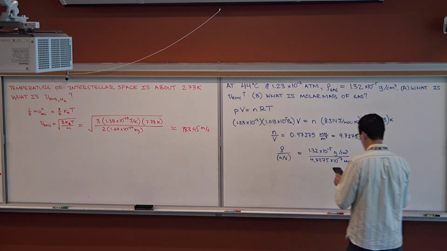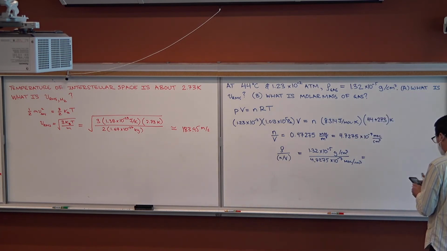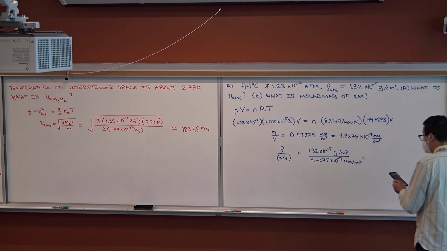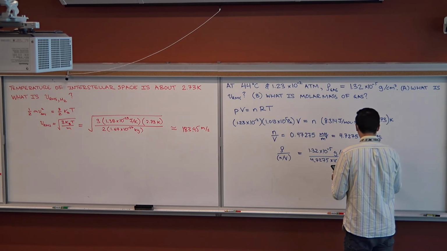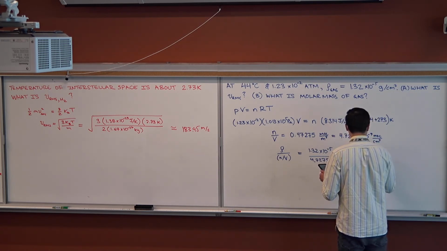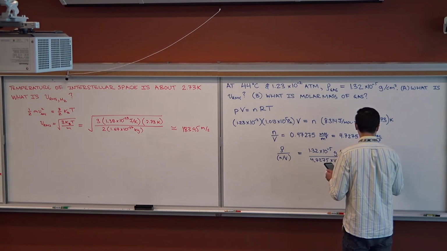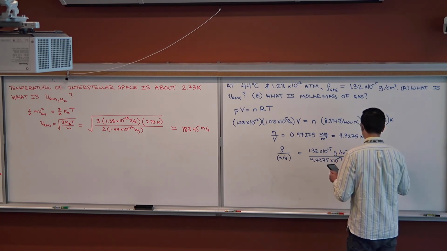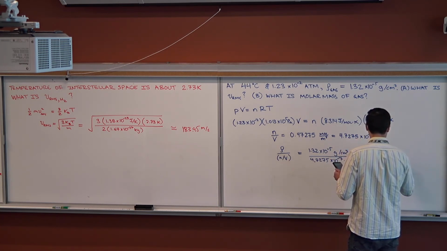I will wind up with, shift 1 over x times 1.32 x negative... I'm getting 27.92 grams per mole.